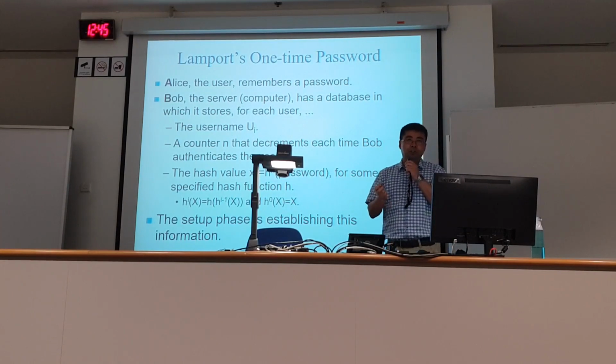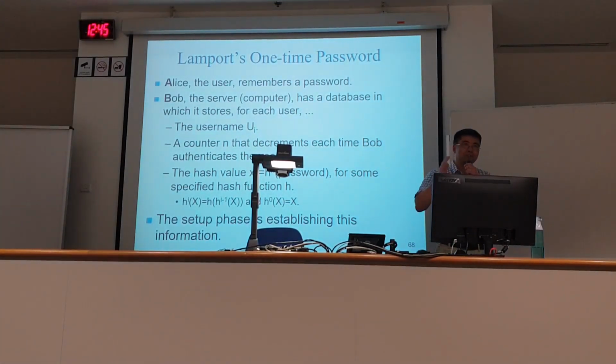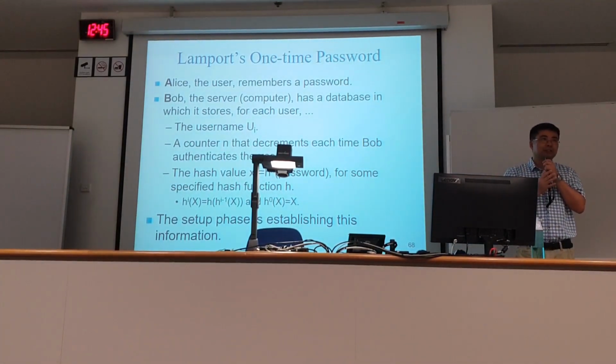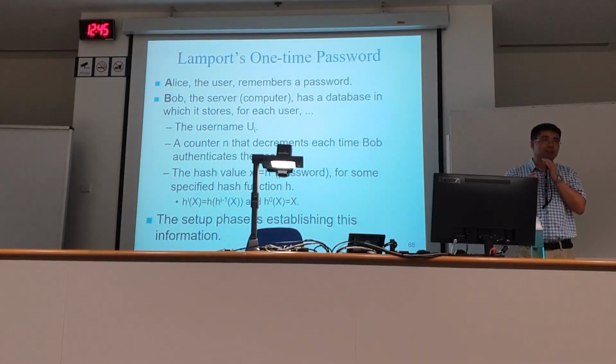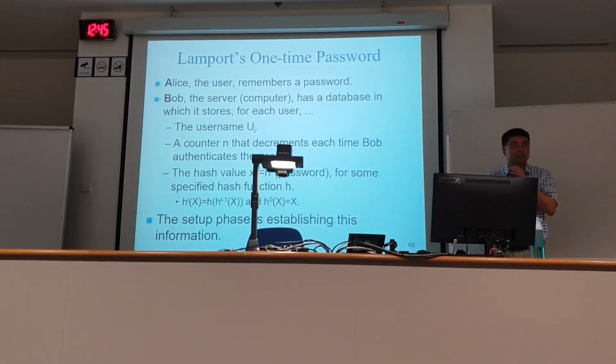However, the order is important. Whether you start from the head or you start from the tail is important. We should not start from the head, because if we start from the head and the password is captured, is compromised, all the remaining one-time passwords are compromised, because from the head, you can reproduce the remaining passwords.